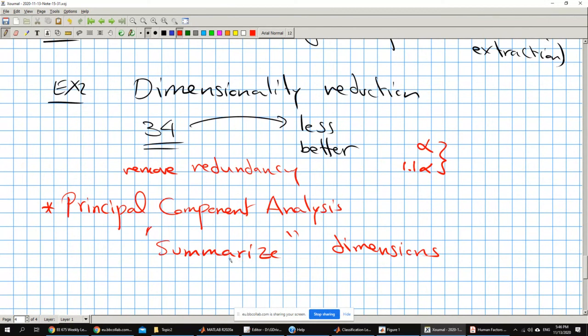Okay, the summarization of dimensions is based on something called variance. I don't want to give terminologies that might be confusing to you.